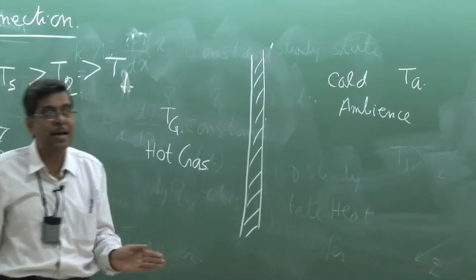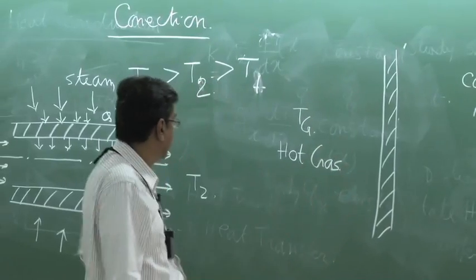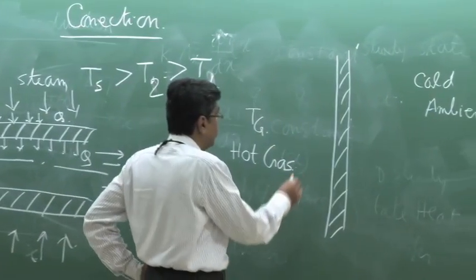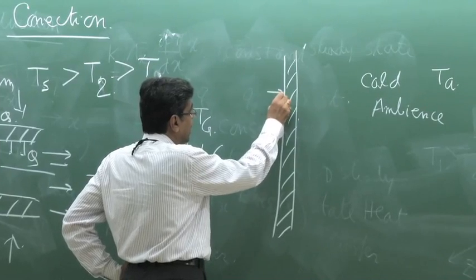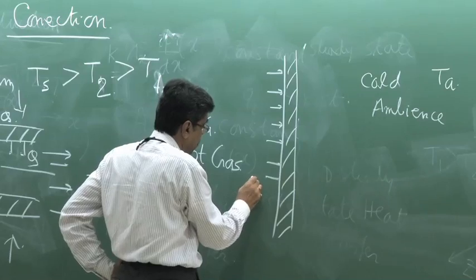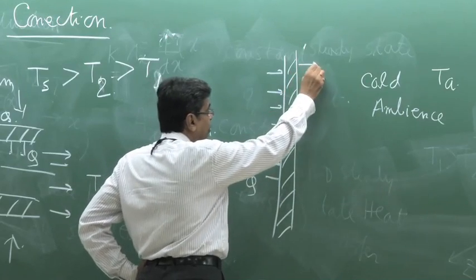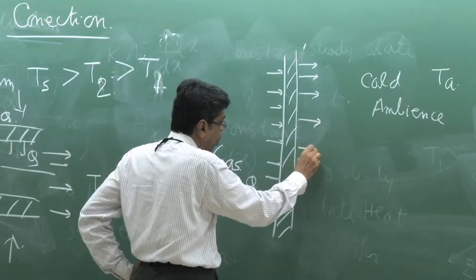This may also be a circuit board of an electronic circuit. So what happens here also, the convection heat transfer takes place from the gas to the inner wall, and the same heat is going by convection from the outer wall to the cold ambience.